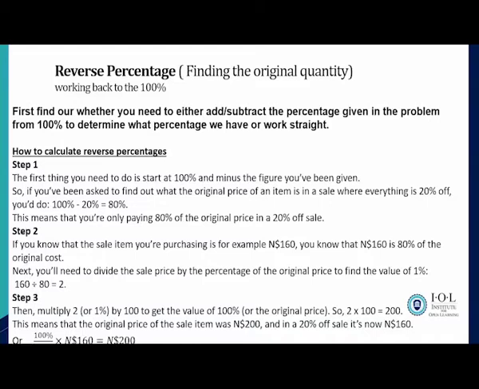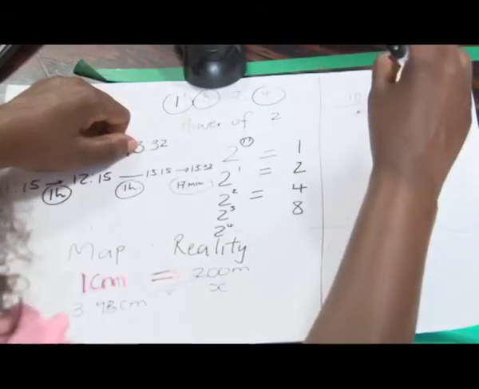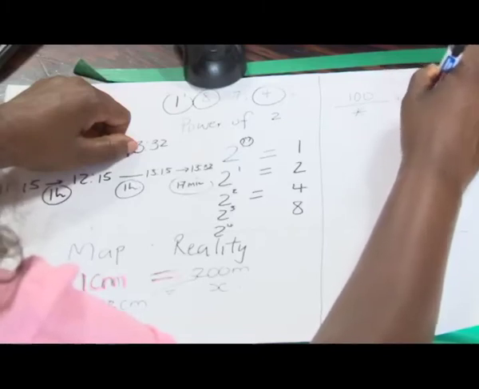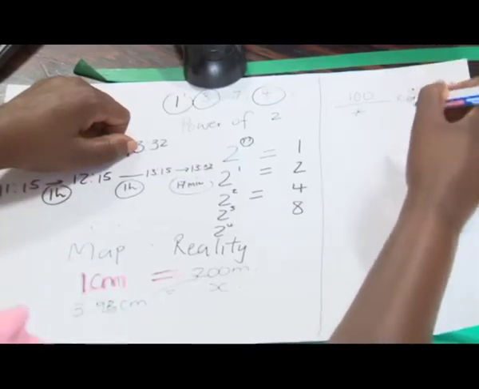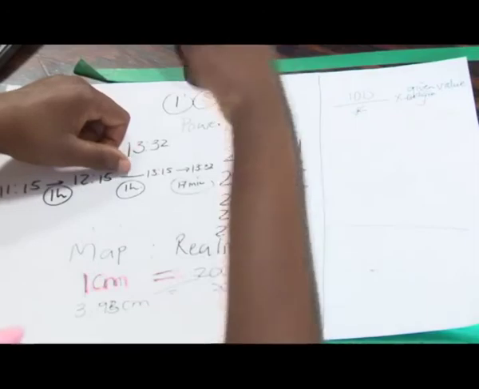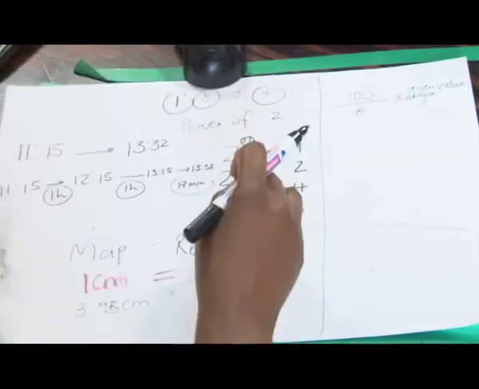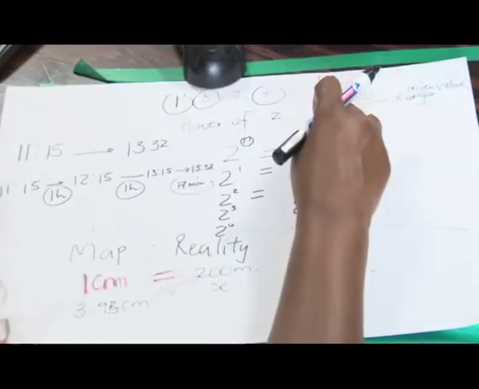We always put 100 on top, divided by whatever percentage you have worked out, times the original amount, or the given value, because you are working out the original. What was the value before a sale or before the price went up? What was the amount before that?